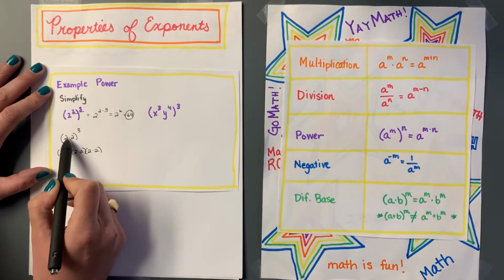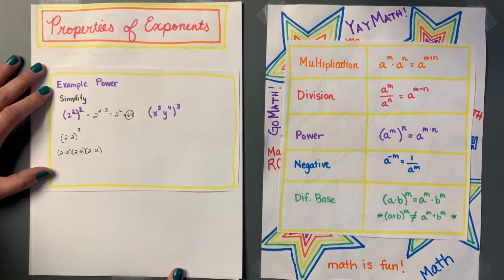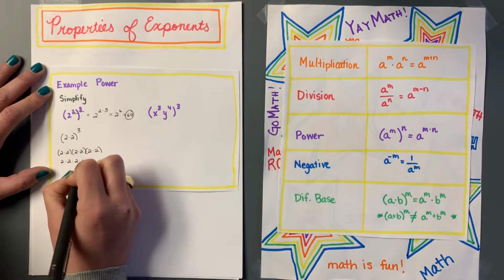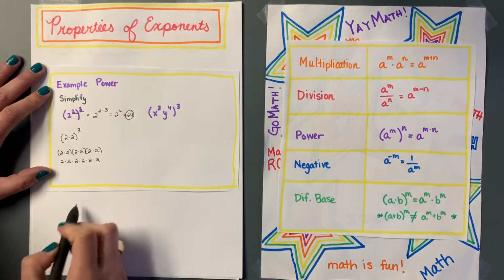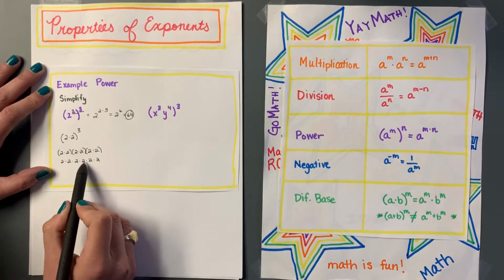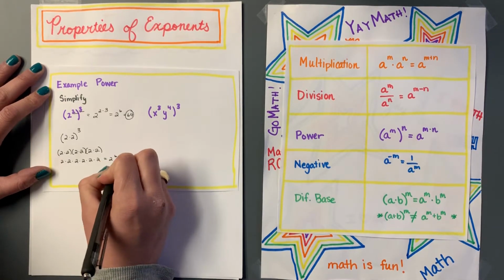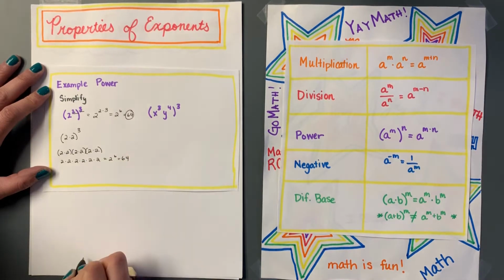So I have this quantity multiplied by itself 3 times. These are all just multiplication, so I can just multiply them. So I have 1, 2, 3, 4, 5, 6 2's. So that is 2 to the 6th, which is 64.